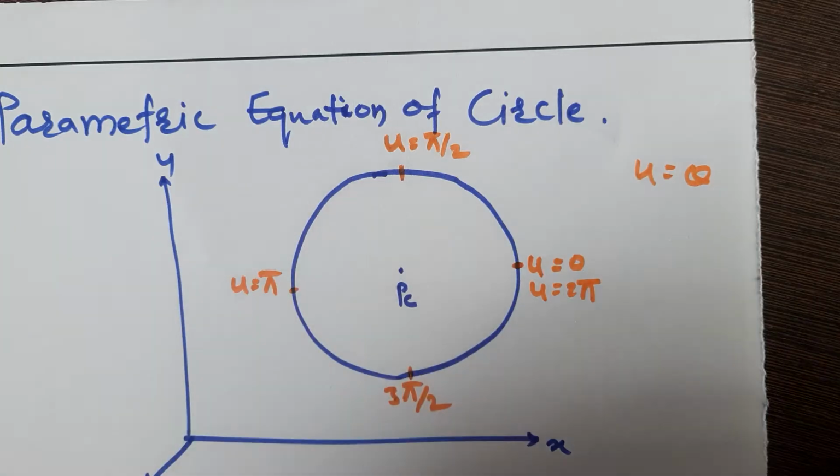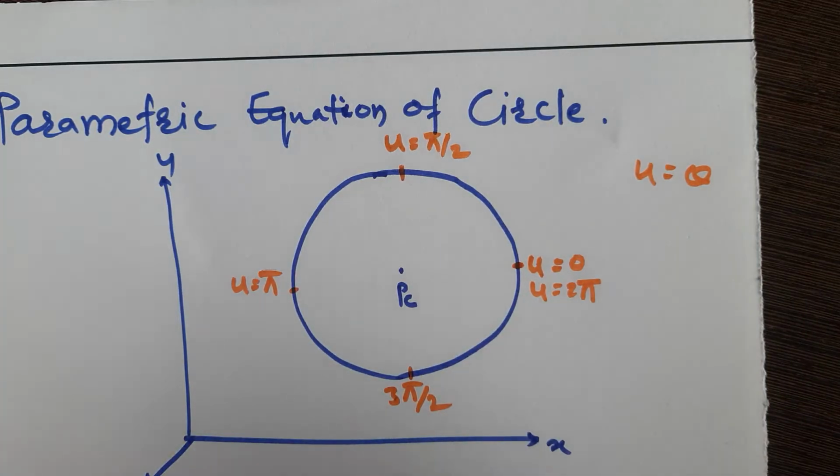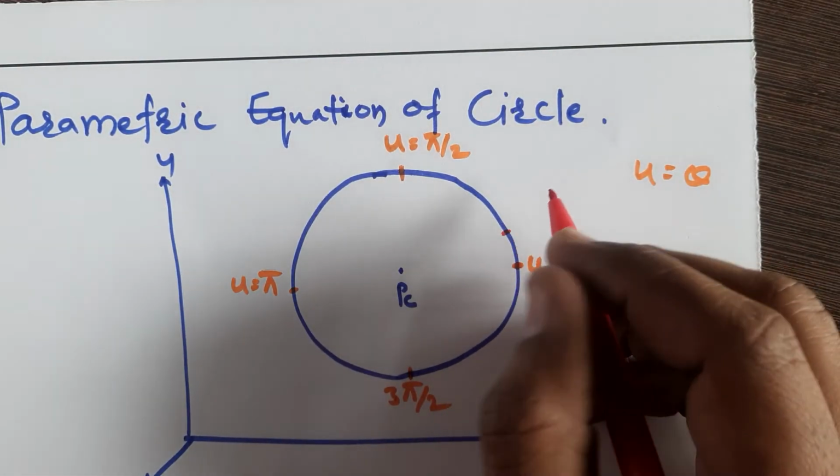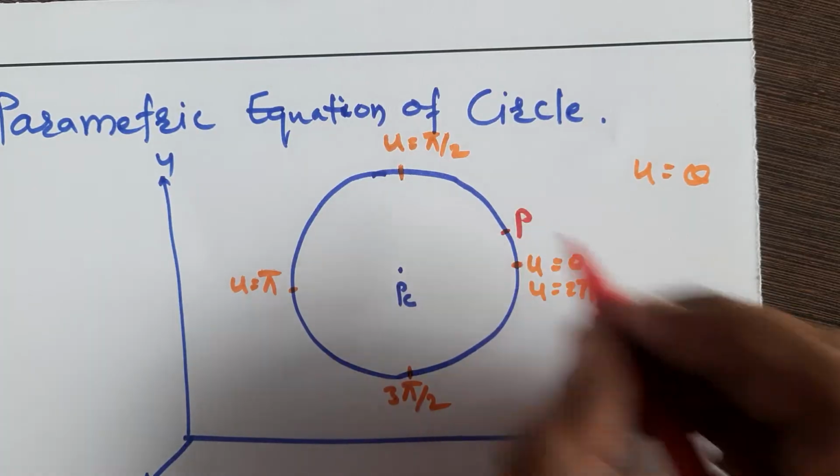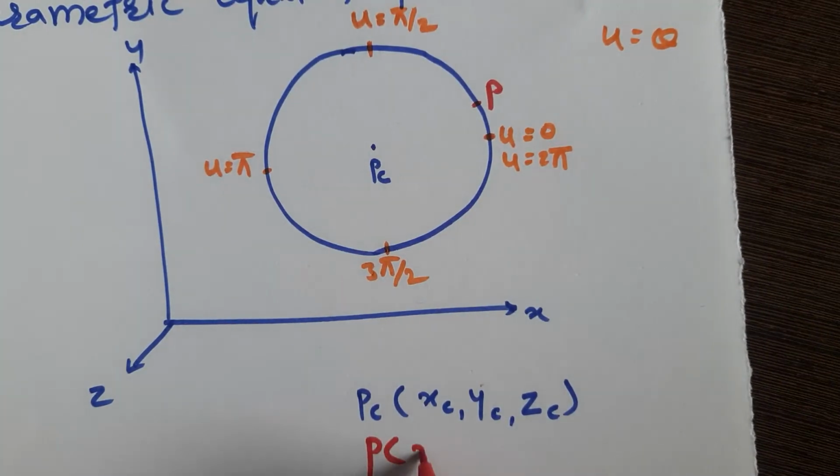So let us consider here a point. We are considering here a point P, and P is having coordinates x, comma y, comma z.